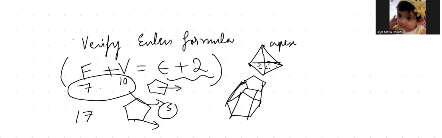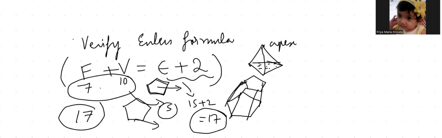How many edges do I have? 1, 2, 3, 4, 5 here, and accordingly 1, 2, 3, 4, 5 here. Then you'll have 5 plus 5, 10. Then along the lateral side, you'll have 5 edges. So that makes it 15. That means on the right hand side, I have 15 plus 2, which is again 17. See, so it is verified, isn't it? F plus V on the left hand side, E plus 2 on the right hand side. This is for a pentagonal prism.